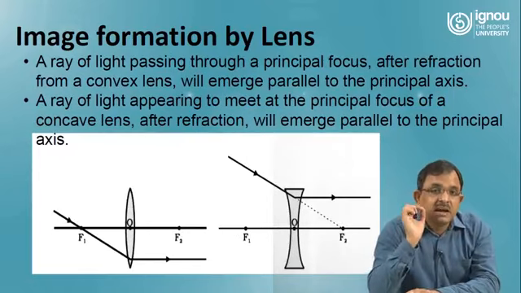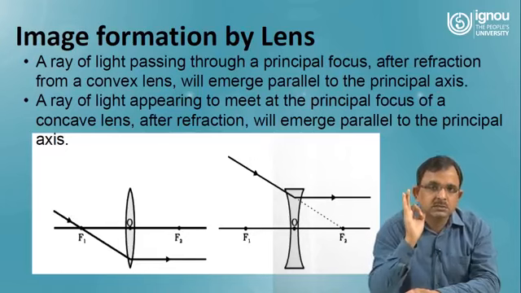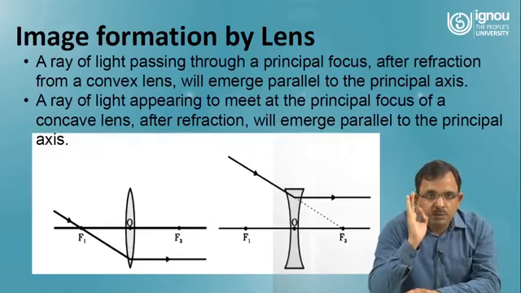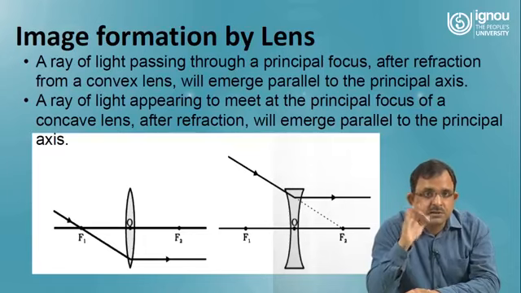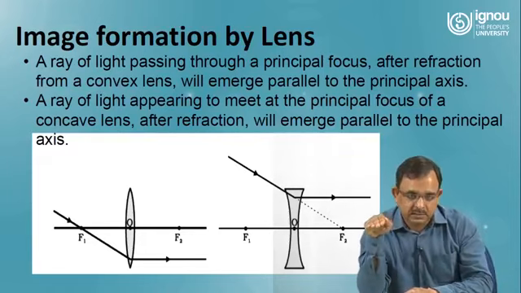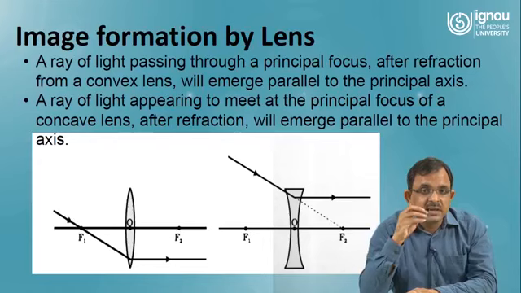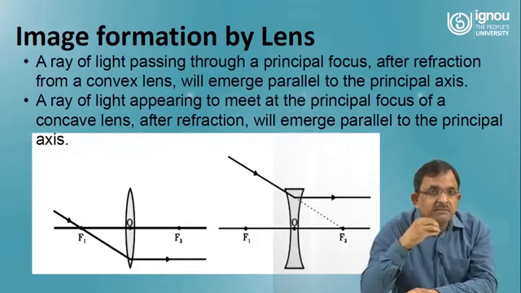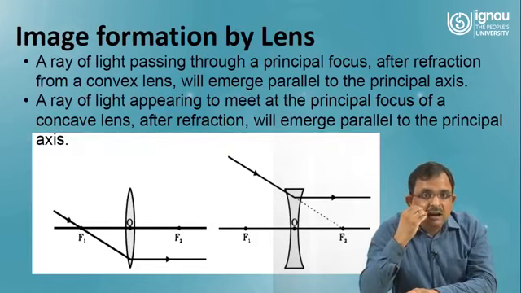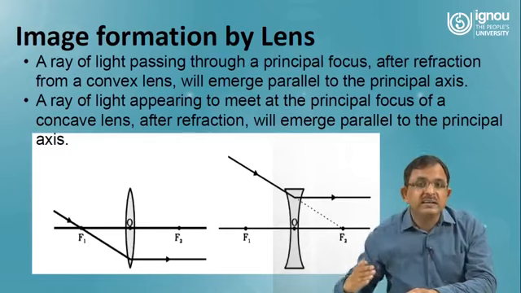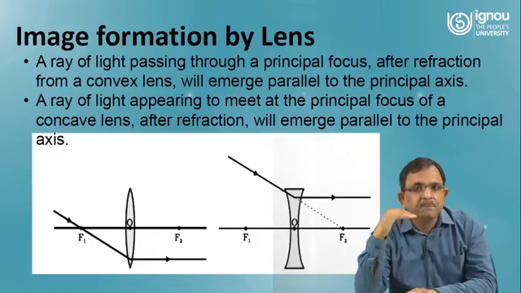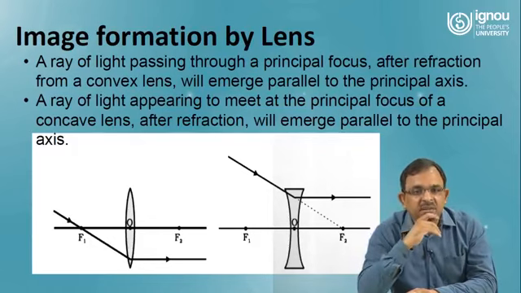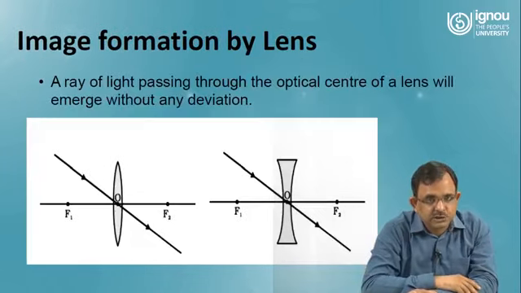Similarly, if a ray of light is passing through the focus in the convex lens, after refraction, it will be parallel to the principal axis. But in the case of a concave lens, a ray of light which is appearing to meet at the focus will be parallel to the principal axis after refraction.